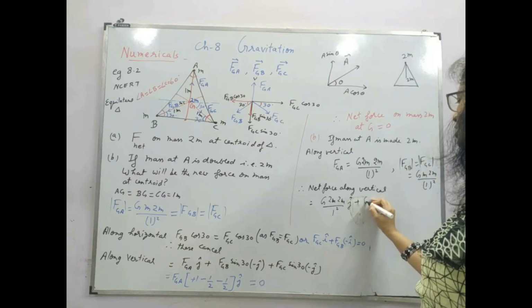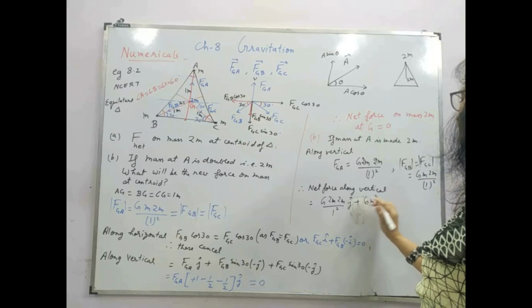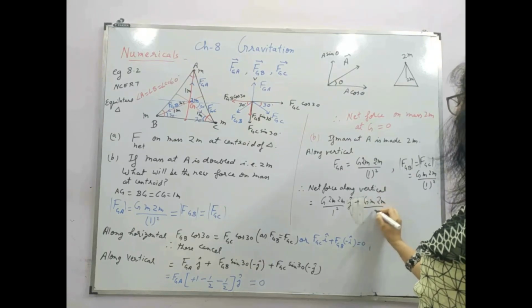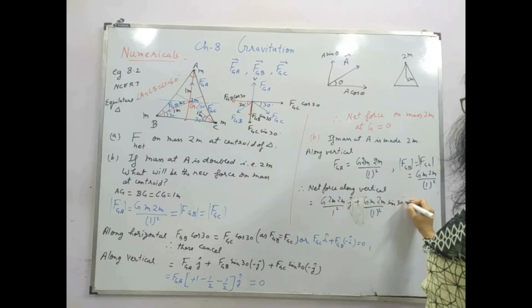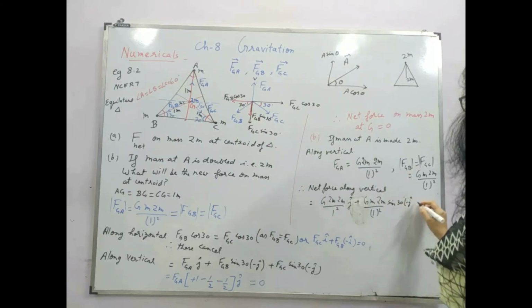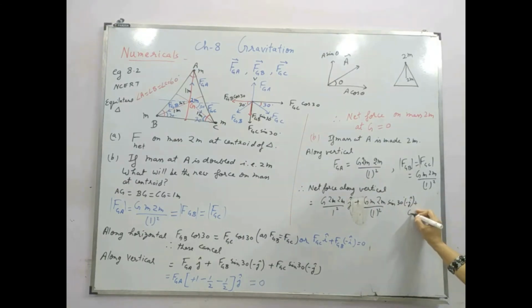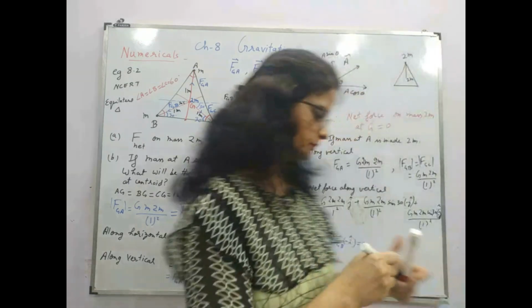I will write the value Gm into 2m upon 1 whole square and this of sin 30 degree and minus J cap. Similarly, Gm 2m sin 30 minus J cap upon 1 square. So let's solve this.